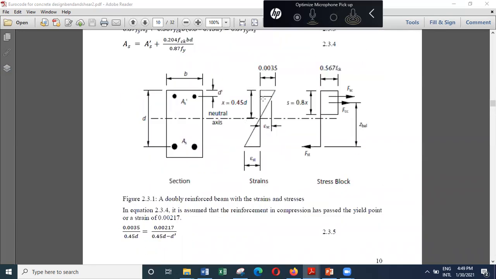If D dash is big, it means we are moving this way. So when you are moving this way, the strain will reduce. So if the strain goes below 0.00217, then the reinforcement will not yield. It will have a force, but the reinforcement will not yield.